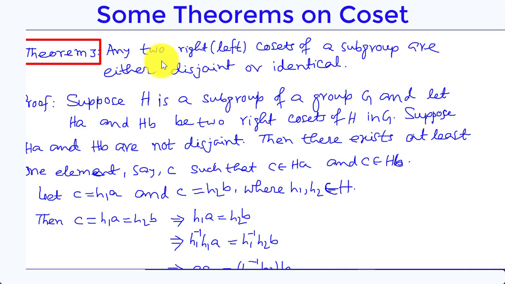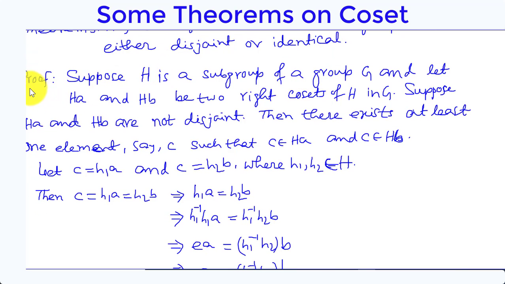Theorem 3. Any two right or left cosets of a subgroup are either disjoint or identical. Proof.